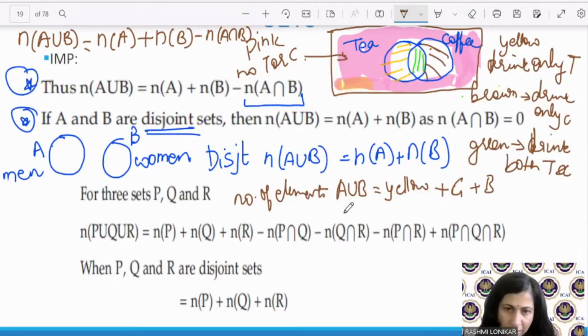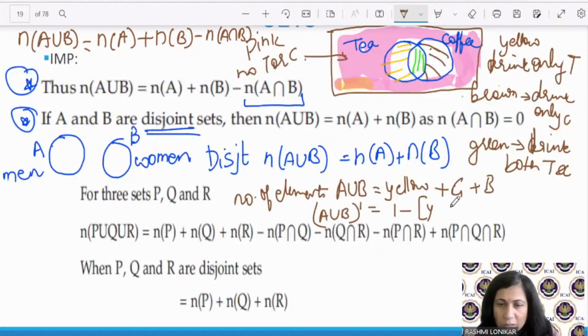What will be the elements of A union B complement? It will be equal to 1 minus (yellow plus green plus brown). I add this up, and when I subtract from 1, I will get A union B complement. 1 or total number, whatever is given to me, which is equal to the pink.